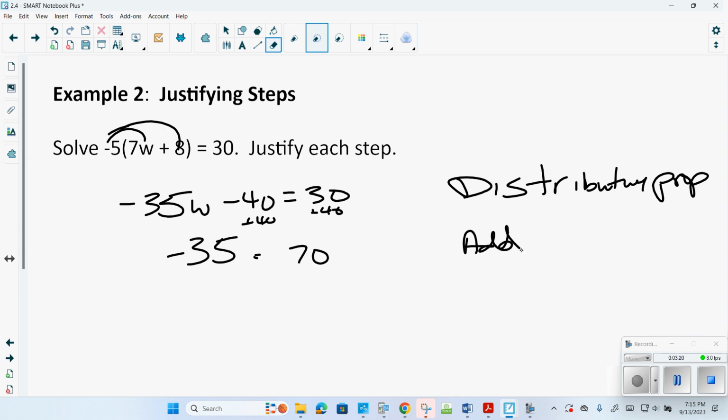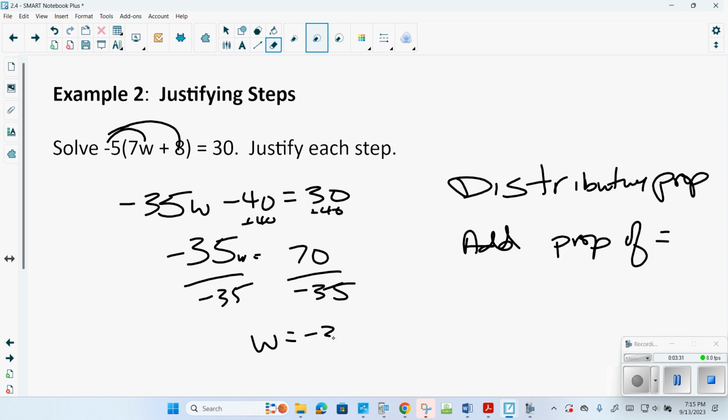Adding to both sides, the addition property of equality, and then dividing by -35. W would equal -2, and that would be the division property of equality. So using our properties to explain what we're doing.